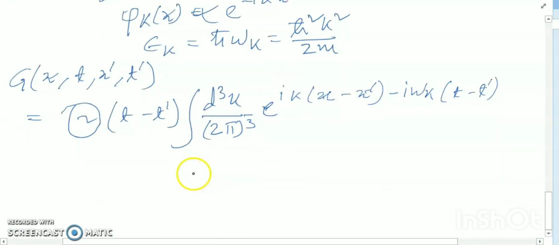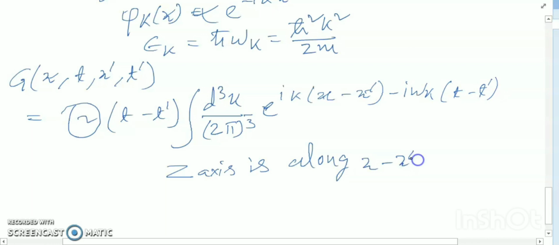So for the rest of the math, it is easier to carry out the integration in polar coordinates, with the z axis along x minus x dash.